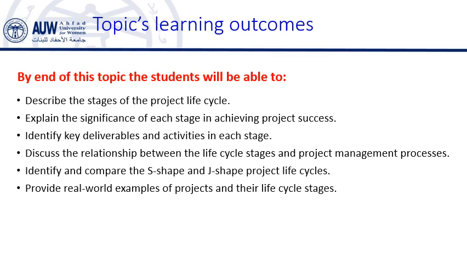So by the end of this lecture, you should be able to describe the stages of the project life cycle. We will learn about the 4 distinct phases: initiation, the first phase; planning, the second phase; execution, the third phase; and closure, the last and fourth phase, and their roles in managing projects.